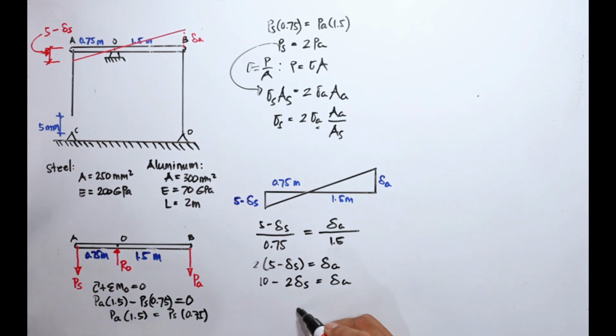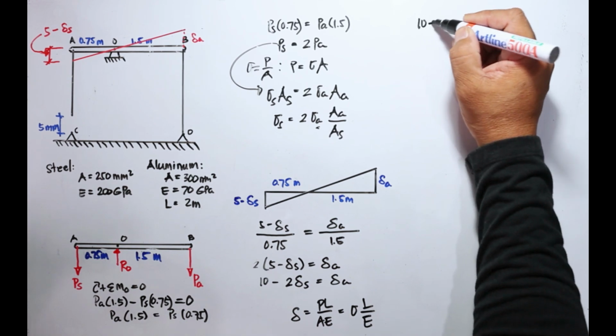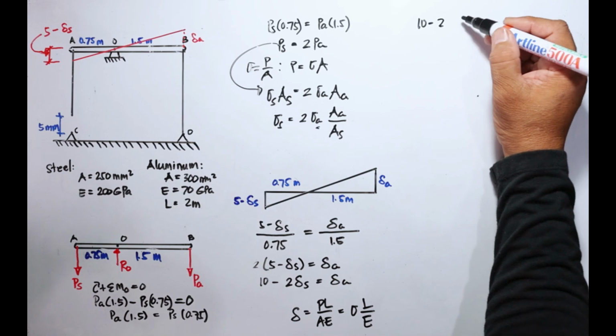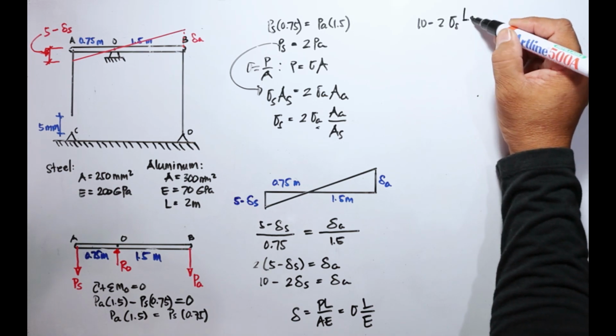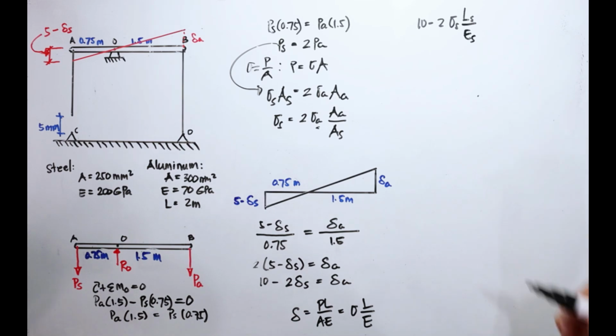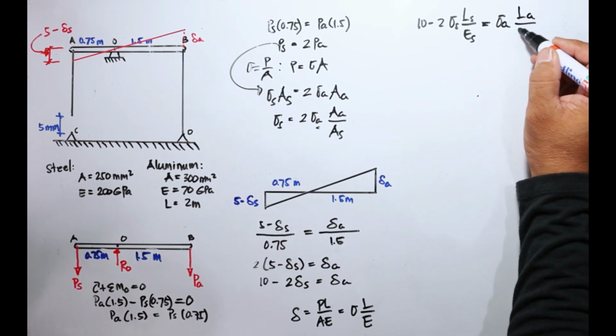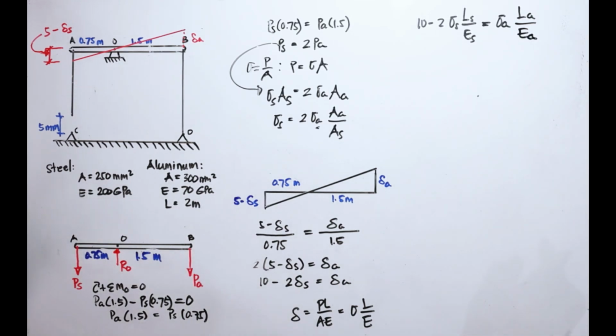We know that deformation is PL over AE, and P over A is stress, so that's stress times L over E. So we are going to express this deformation here in terms of stress, and we get 10 minus 2 times stress in steel times its length over modulus of elasticity of steel equals stress in aluminum times the length of the aluminum rod over its modulus of elasticity.